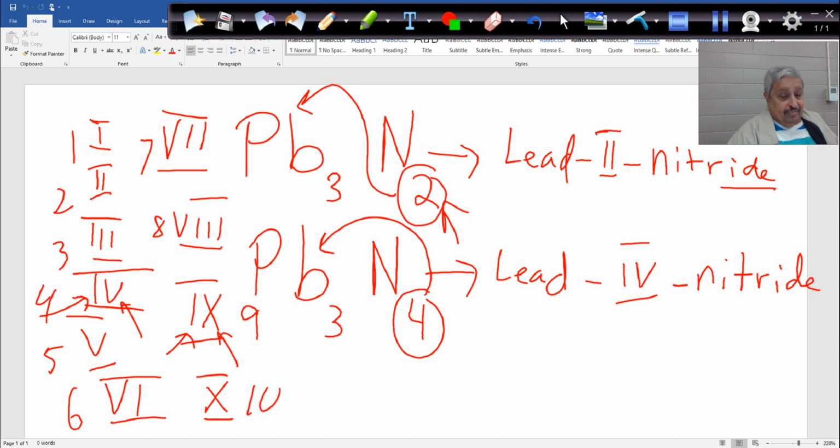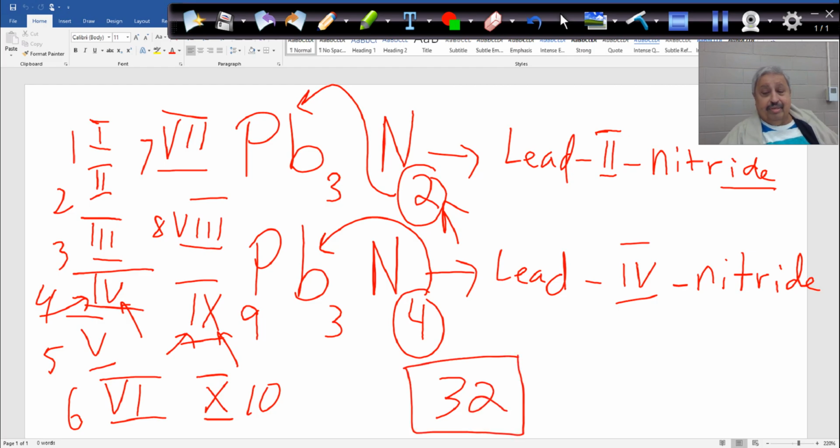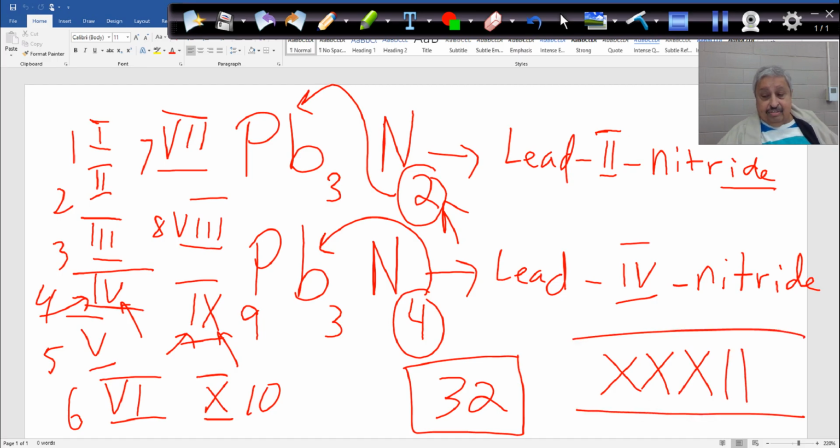This is 10. So how about if I have 32? I want to write 32 in Roman numbers. Somebody will tell me. Everybody knows. How many tens do we have of the 33? 1, 2, 3. How many we have? 2. That's in the positive sense, correct? So that's a 32.